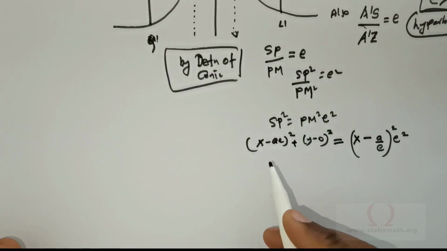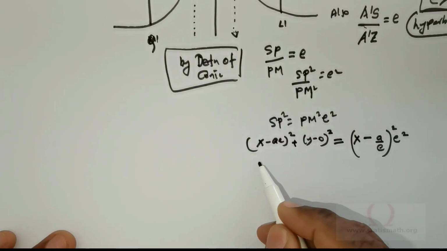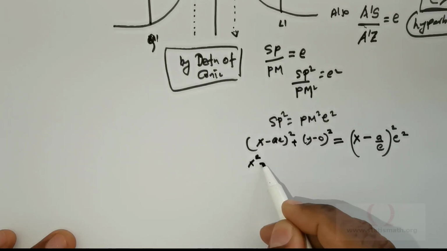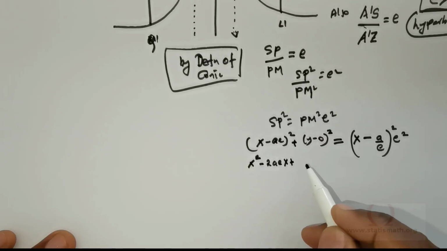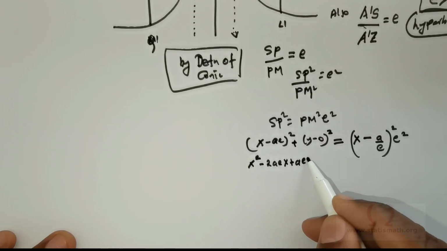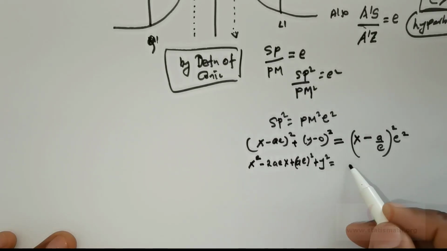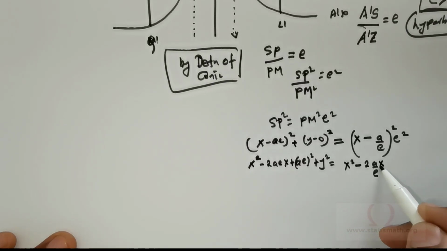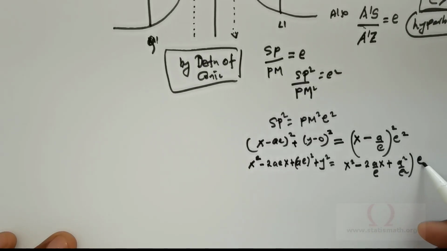So what I'm going to do now is to group them with x squared terms and y squared terms. I need to expand them. So if I were to expand them, I would get x squared minus 2aex plus (ae) raised to the power 2 plus y squared is equal to, this is going to be x squared minus 2 times ae times x plus a squared e squared, multiplied by e squared.